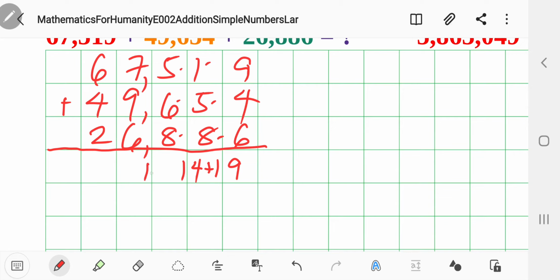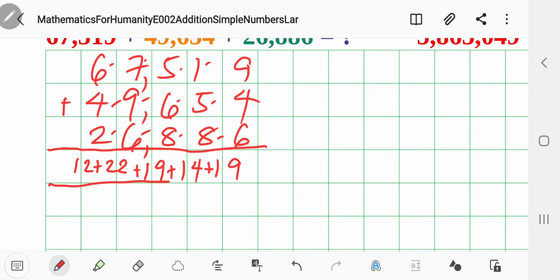So you write the 1 here and then the 9 here. And then you have 7 plus 9 is 16, plus 6 is 22. And then you have 6 plus 4 is 10, plus 2 is 12. So you have here 1 and 2.